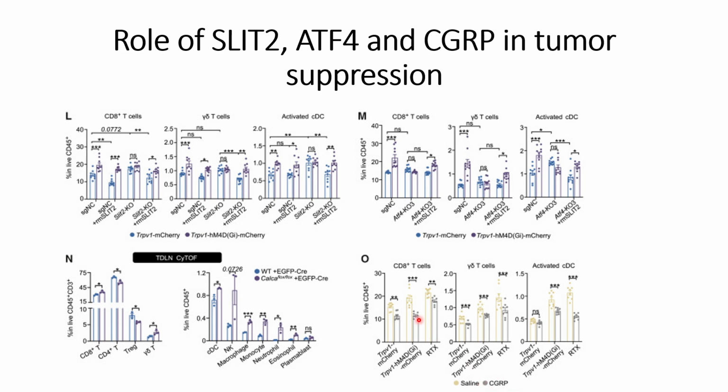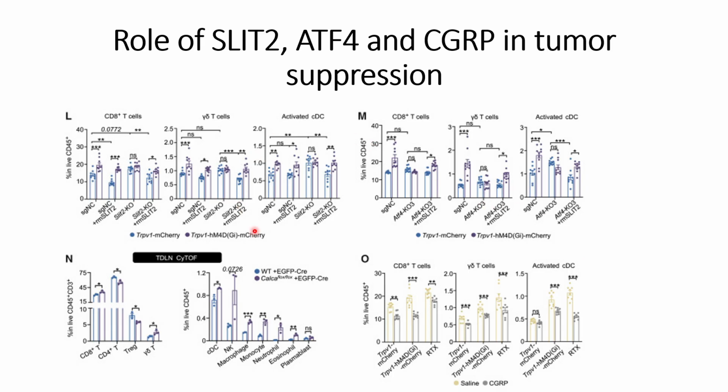You can see that the CD8 plus T cell signal goes down for both the HM4DGI and RTX-based methods, and similar results can be seen for gamma delta T cells and activated conventional dendritic cells for both the HM4DGI method and the RTX-based chemogenetic inhibition method.